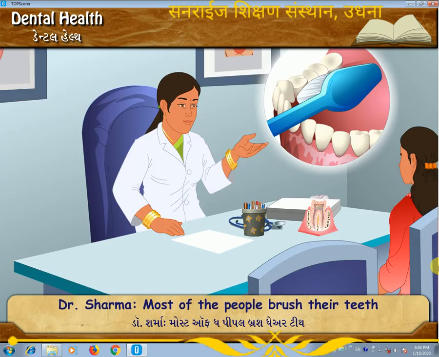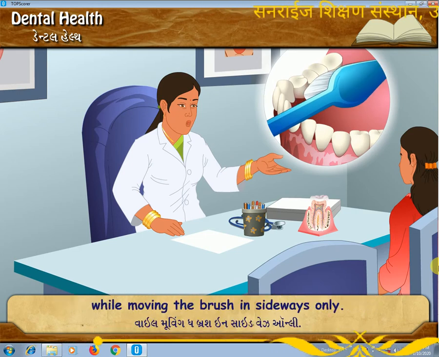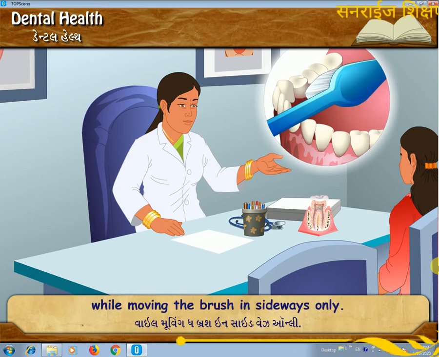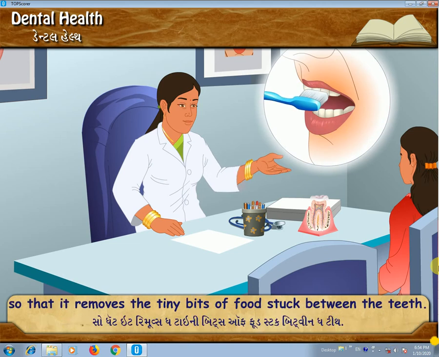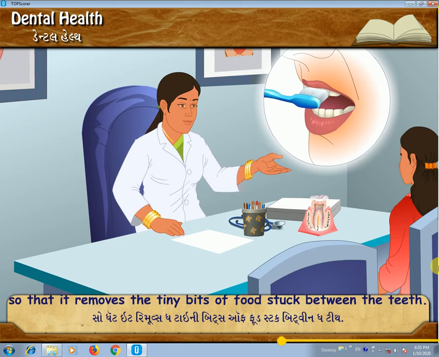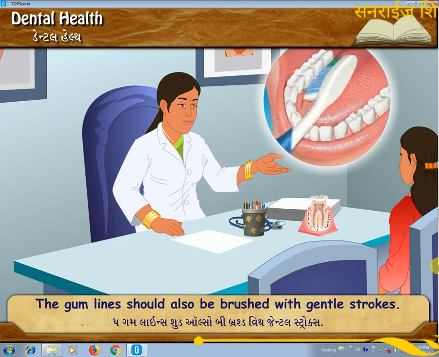You must brush your teeth properly twice a day, once in the morning and once again before you go to bed. What is the right way of brushing the teeth, doctor? Most of the people brush their teeth while moving the brush sideways only.